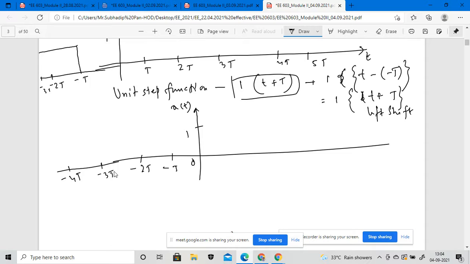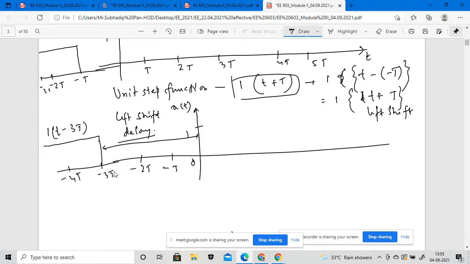But if we are shifting the unit step function from there, then this particular function will be treated as 1 at t minus 3t. That means the delay should be this period, but a delay in a left shift.